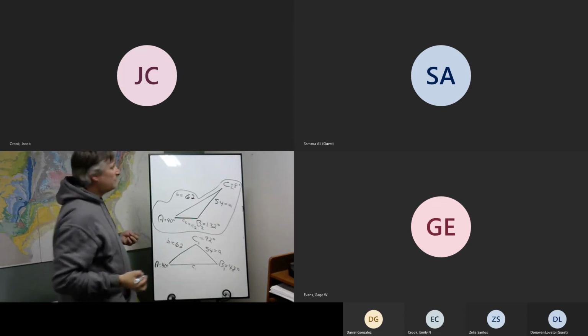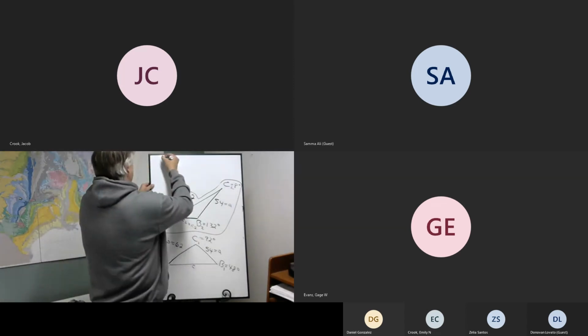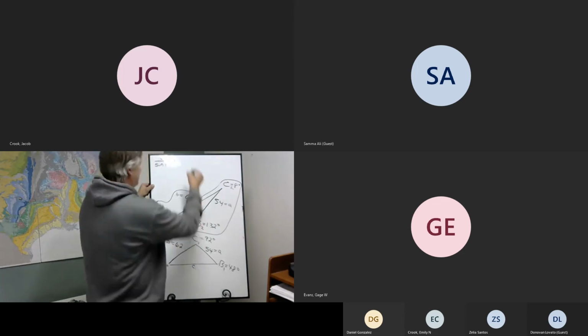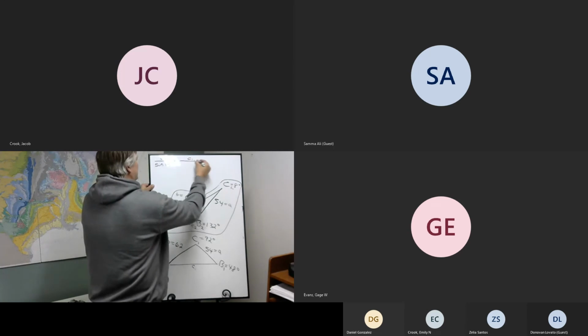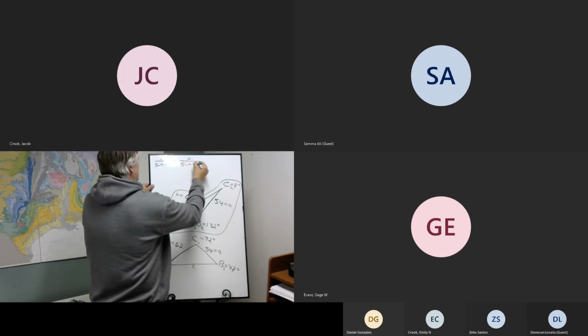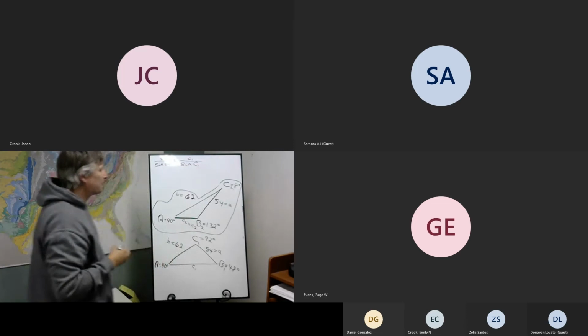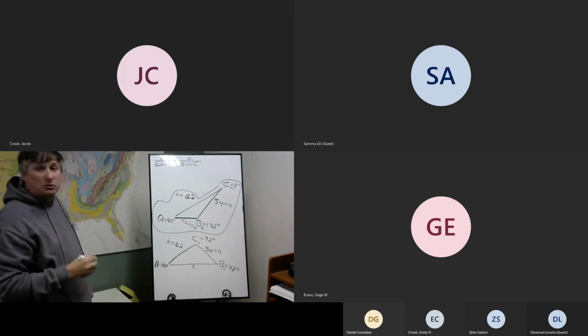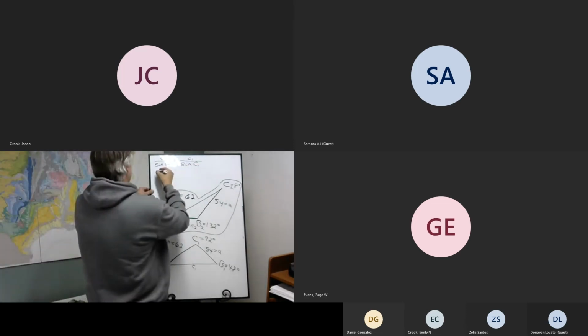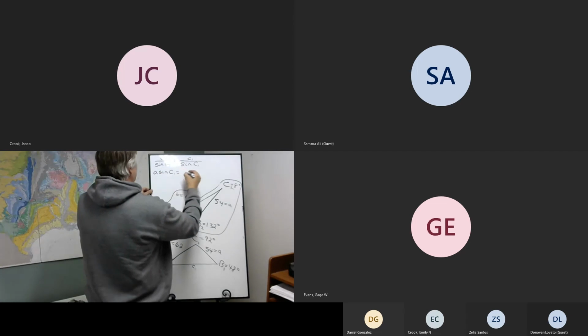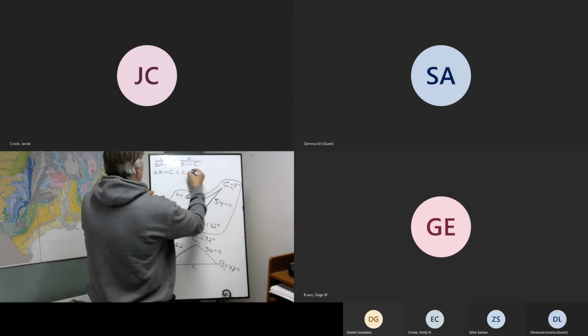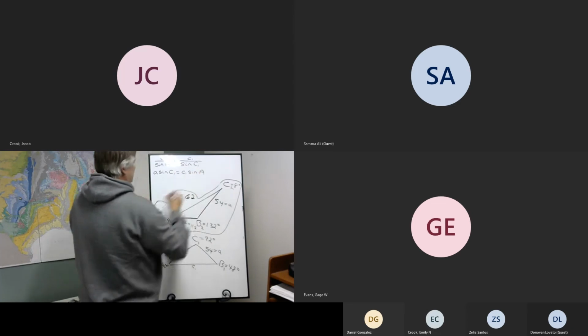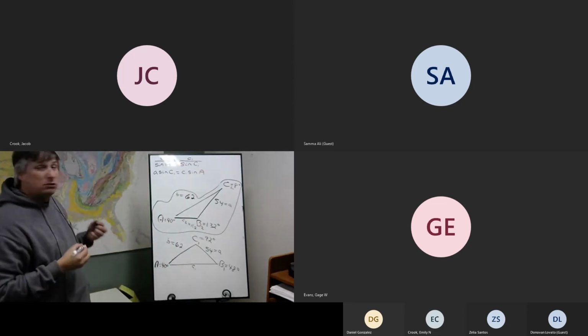So again, law of sines: A over sine A, and then we'll have side C1 over angle C1. We'll cross multiply and plug in our numbers.